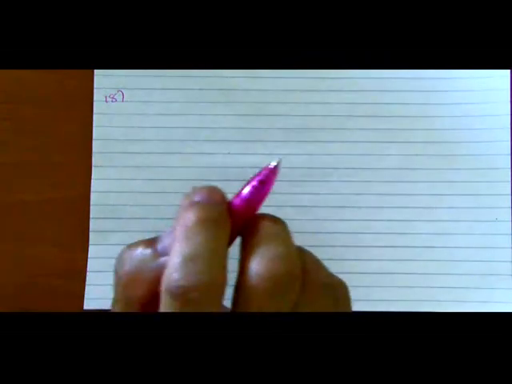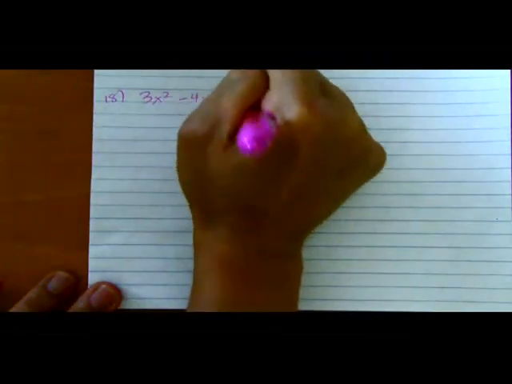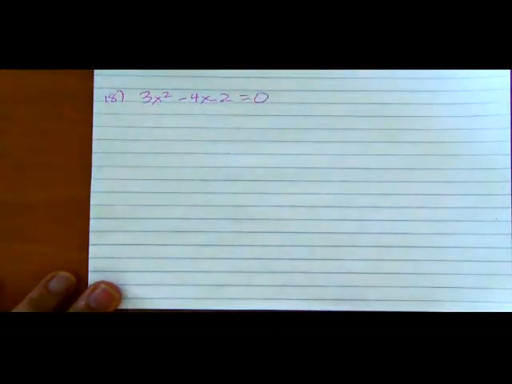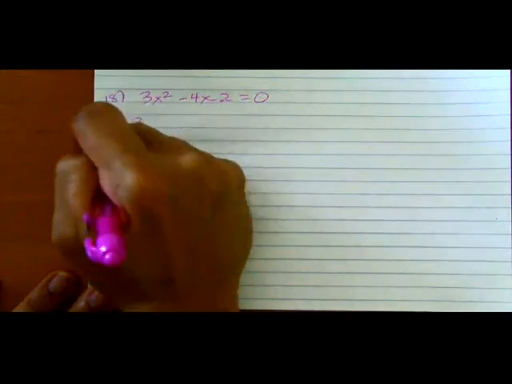3x to the second minus 4x minus 2. A is 3, B is negative 4, C is negative 2.